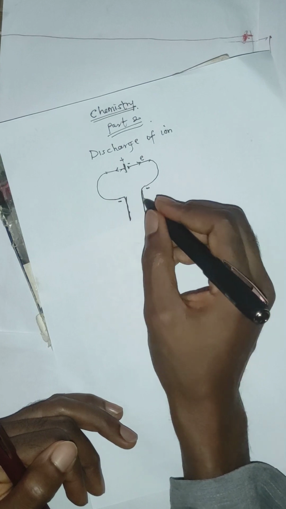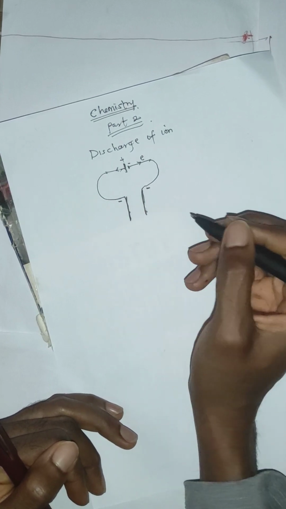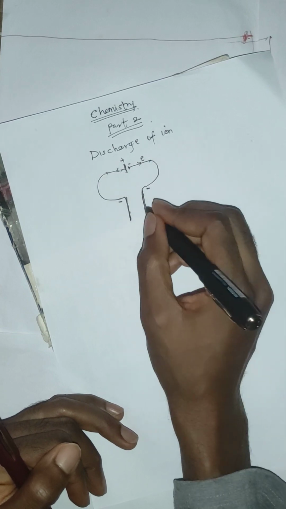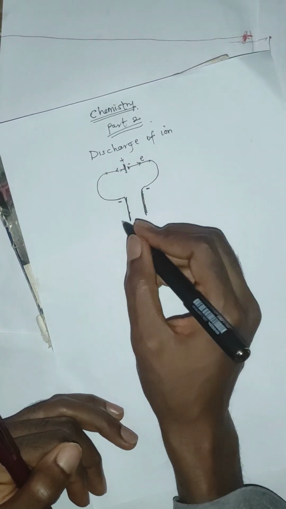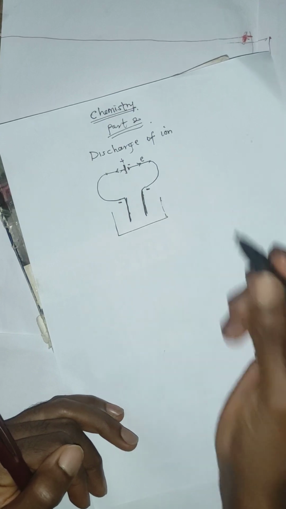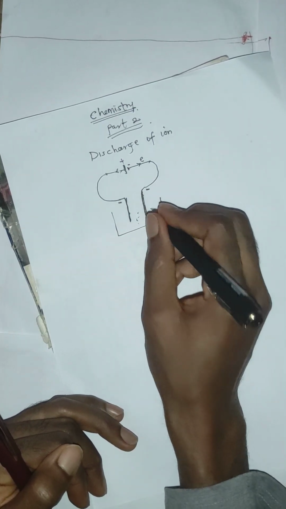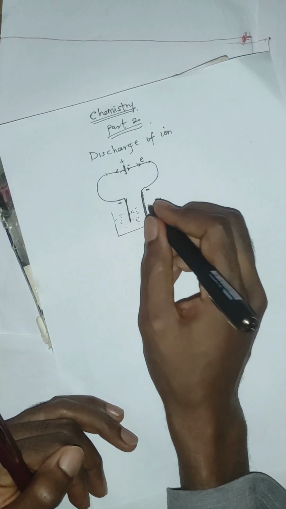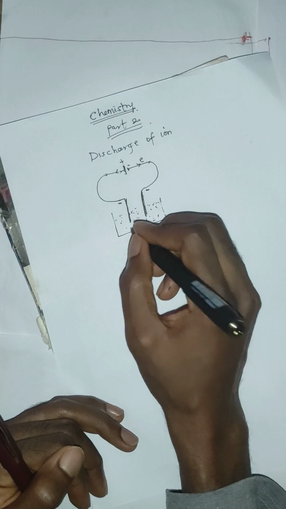So this is your negative rod, and this is your positive rod. And these rods, they will conduct electricity with the aid of free mobile electrons, because they are metallic conductors. Then we insert those conductors into a container where we pour our electrolyte. Remember, we have discussed the electrolyte fully in the first lecture.